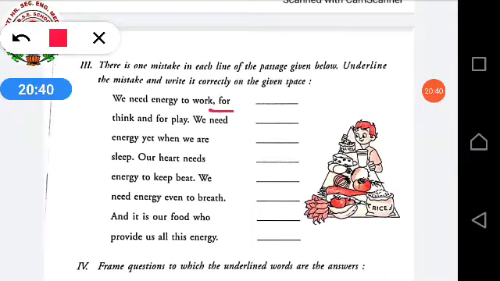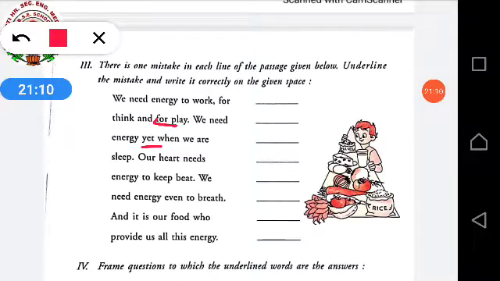Second, think and for play. Again underline for and write down to. We need energy yet when we are. Underline yet and write down even.